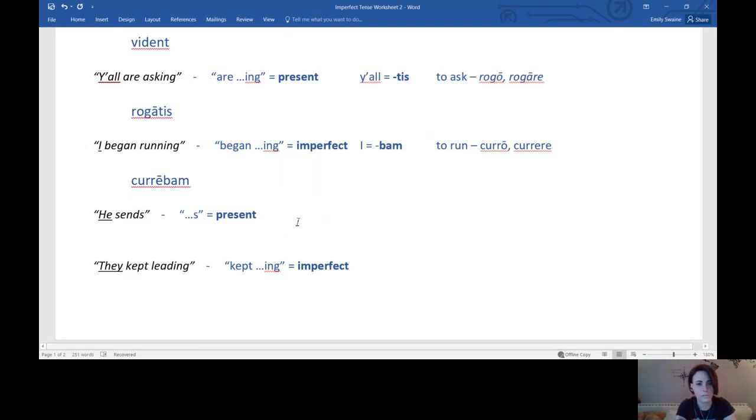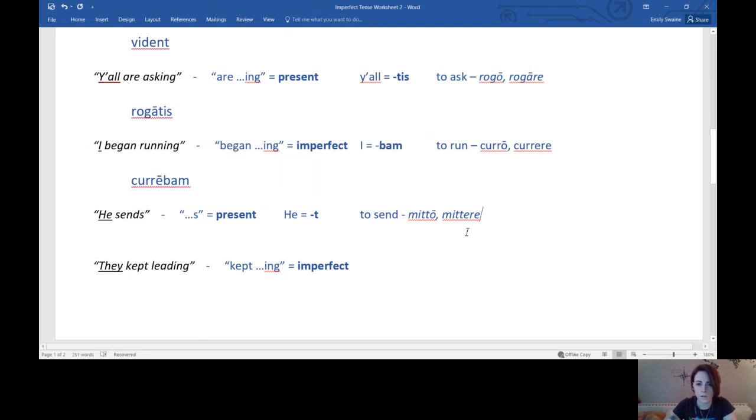Okay, so "he sends." It's present tense, so we're not going to have a BA, so we just have a T. And our verb to send: mitto, mittere.